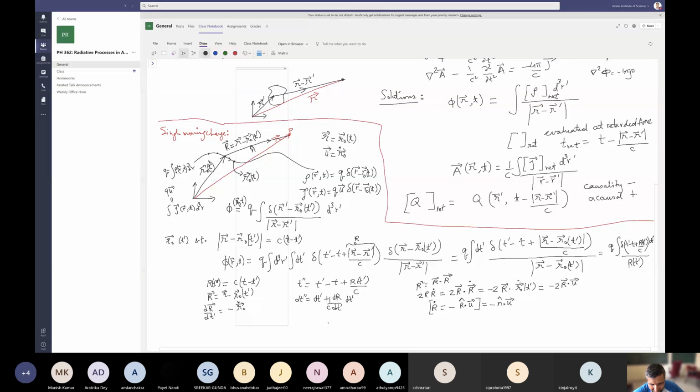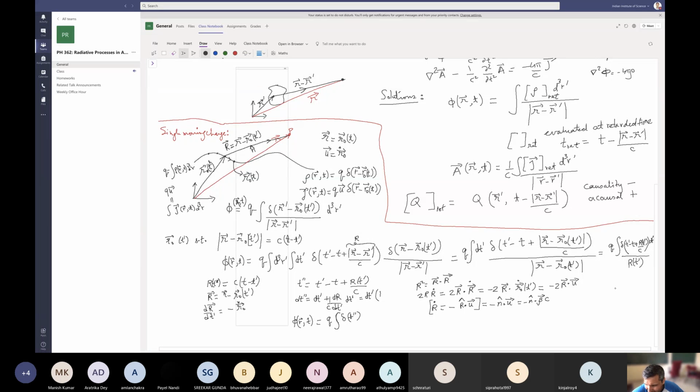So let's go back to this change of variable that we were trying to do. So phi of r and t is equal to, now we have q integral delta of t double prime, that's just the argument, and dt prime is nothing but, so this is equal to dt prime times 1 minus n hat dot beta c.